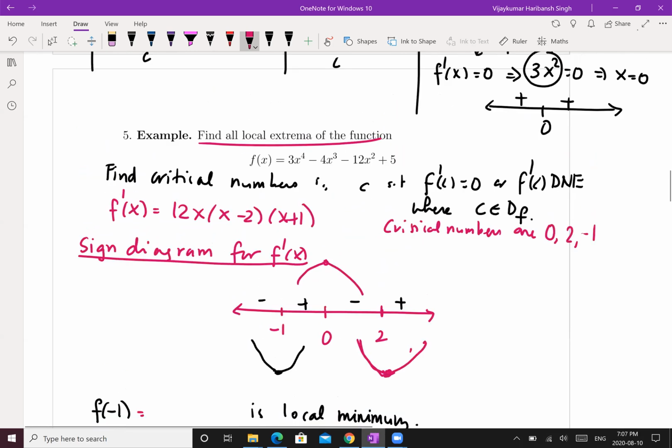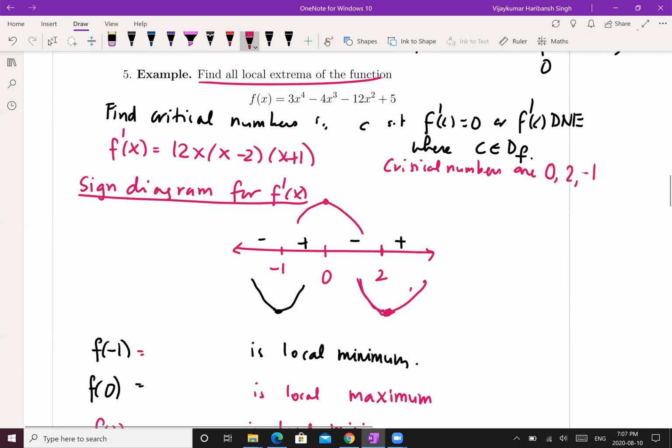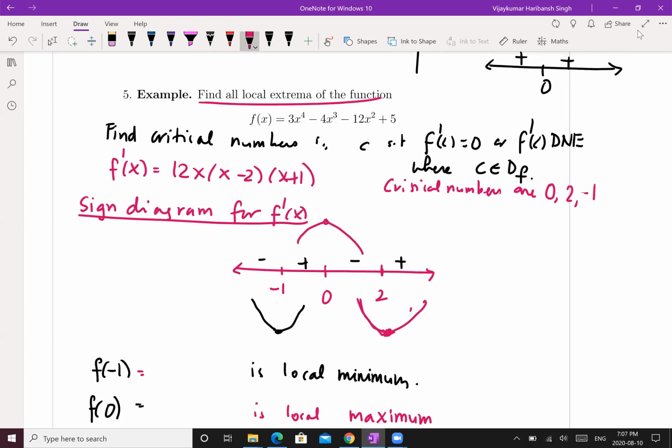However, we need to find out these values. So let's substitute f of 0, f of -1. What is f of -1? If you put -1, you get 3 plus 4 minus 12 plus 5.